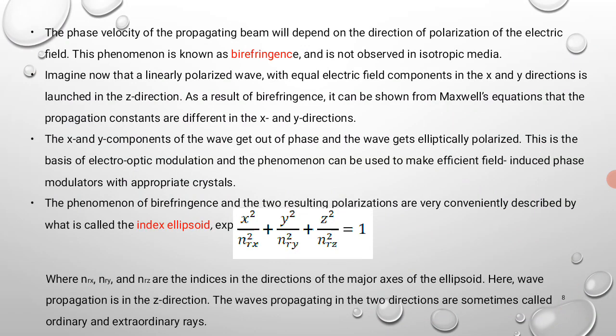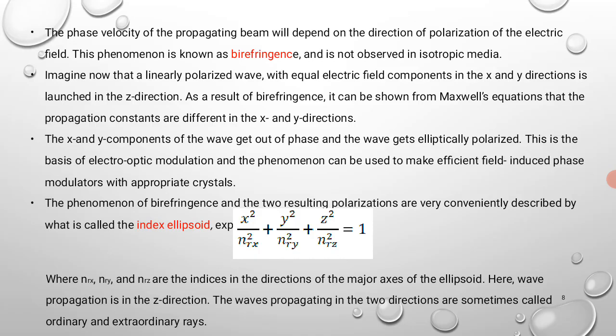From the derivation we finally conclude that a linearly polarized wave, with equal electric field components in the x and y directions, is launched in the z direction. As a result of birefringence, it can be shown from Maxwell's equations that the waves propagate with a difference in the x and y directions.